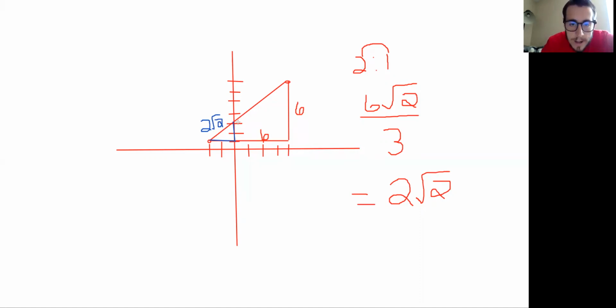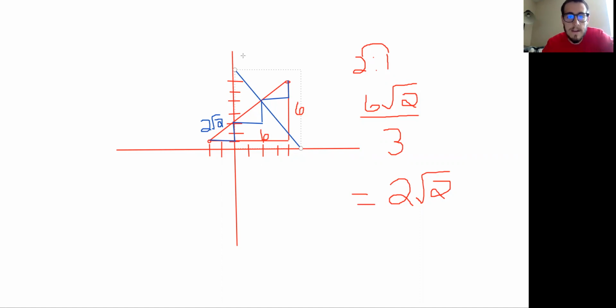Because that's how special right triangles work. So if I go over 2 and then up here, I have another 2√2, and then I go finally over here and another 2√2, right? So I've broken it up into 3 segments of equal length, but the one that's going to divide it in a 2 to 1 ratio is going to be that point right there.